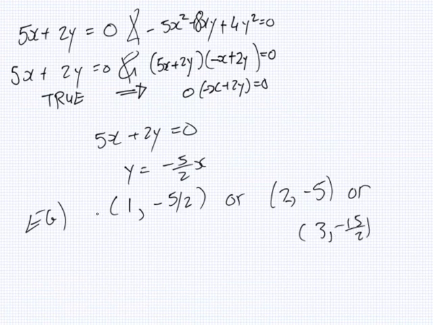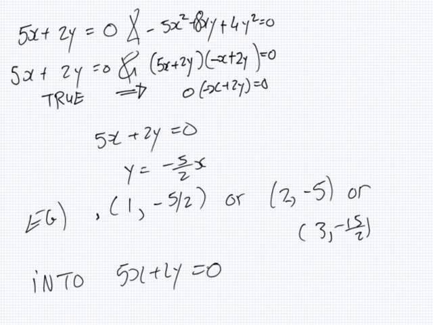If you take these and put them into this, you will get 0. And if you took them and put them into the other equation, you will get 0 as well.